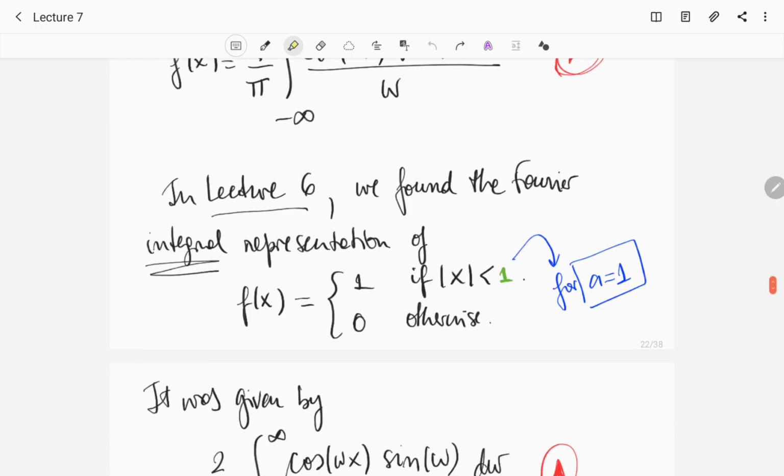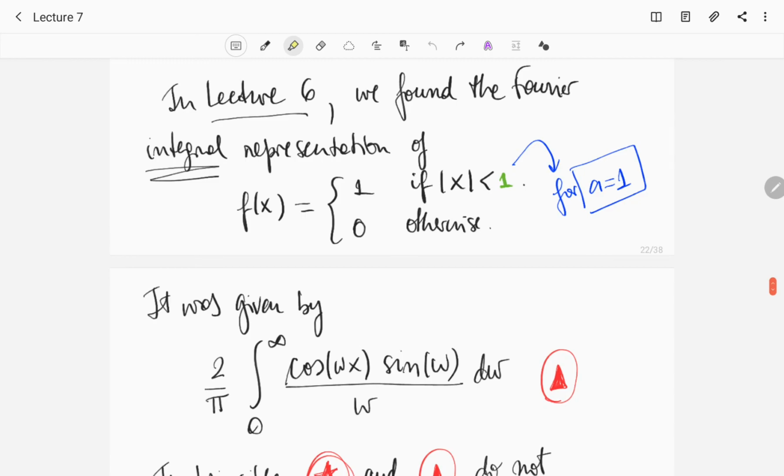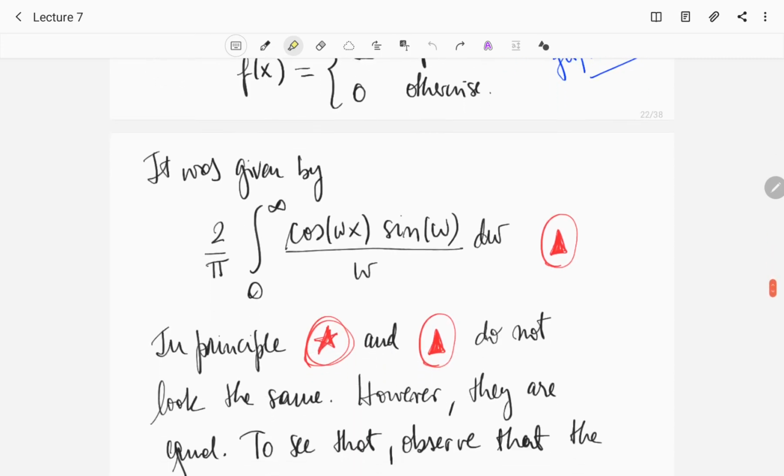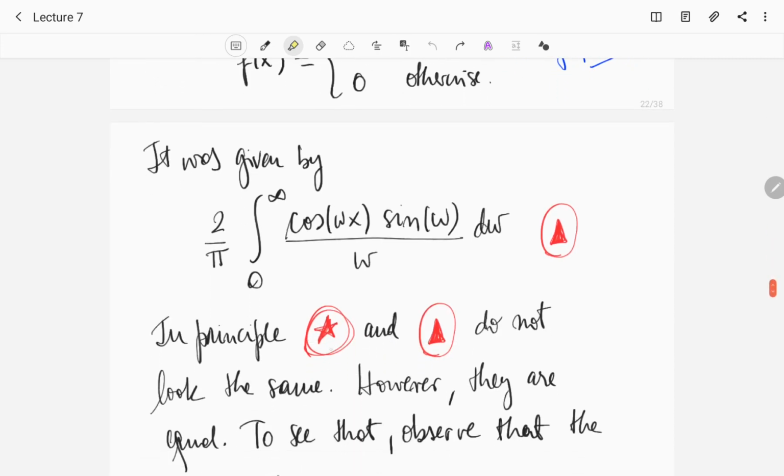Okay, so here I just copy what we got in the previous lecture, which was this Fourier integral representation for our function f, which is the same that we have here, but with a equal to 1. And then in principle, these two formulas do not look the same, but they are equal.